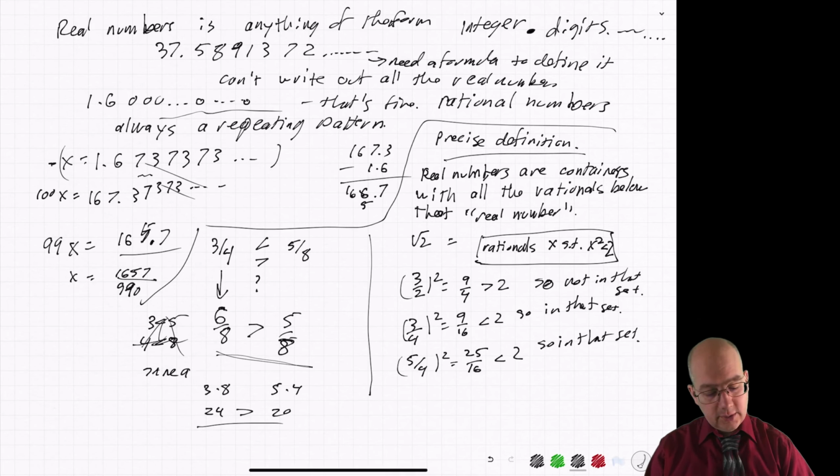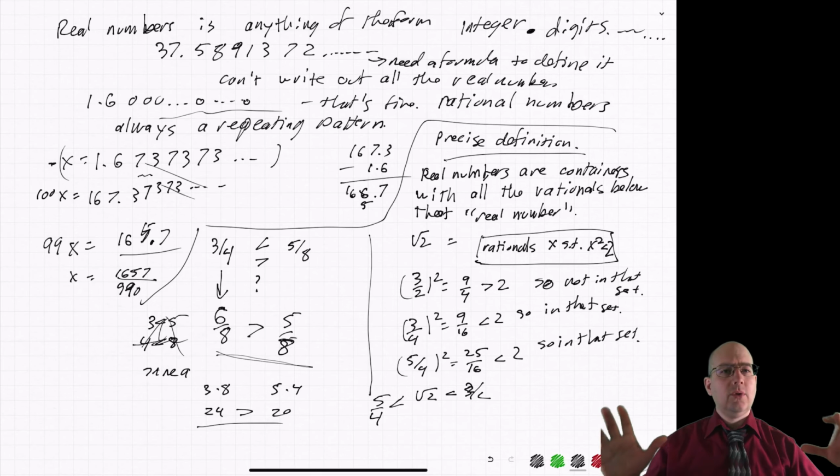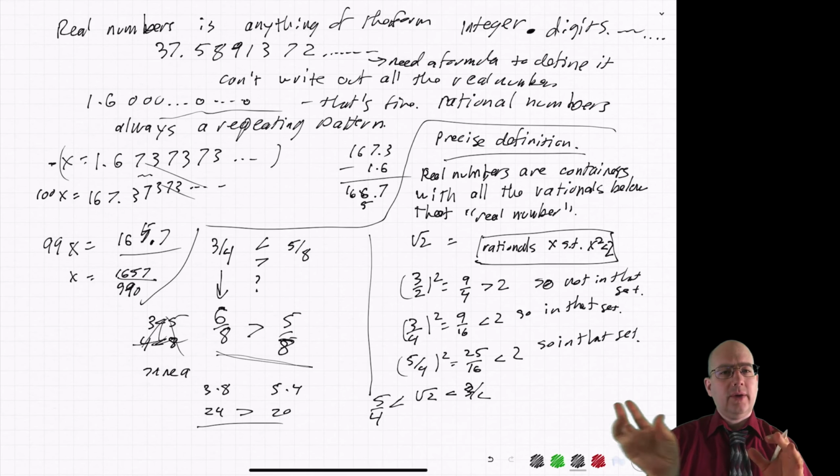Right? And so we already kind of know that the square root of 2 is located between 3/2 and 5/4. And so we narrow the range, and we're defining what rationals are in the set, and then you get your square root of 2.